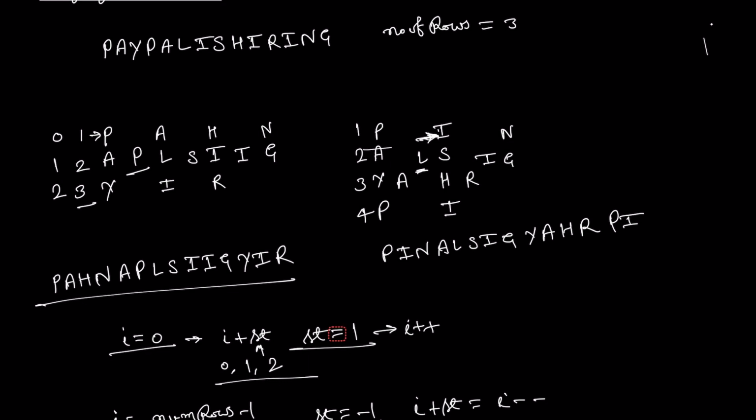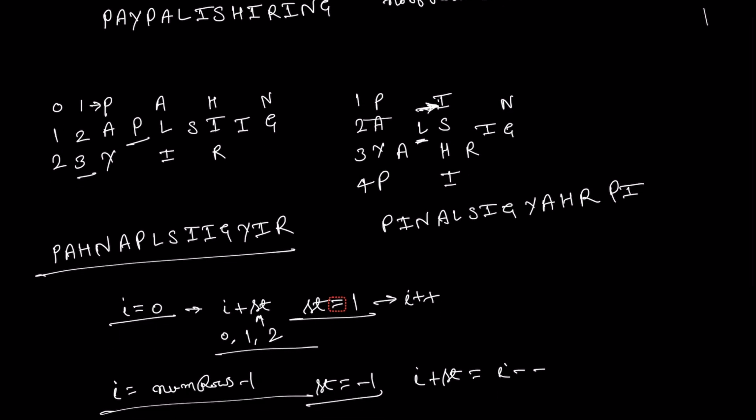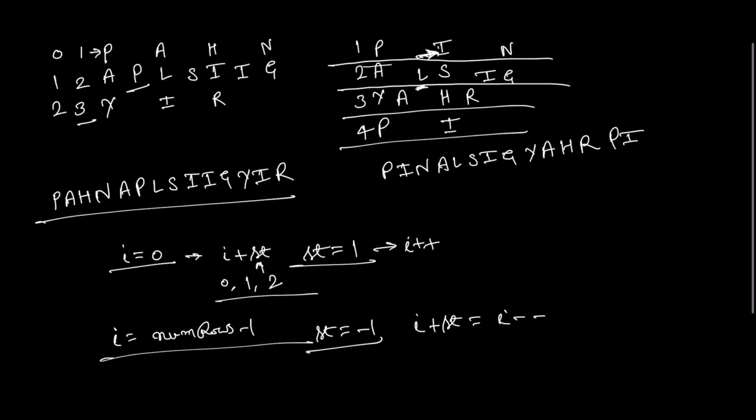So it will be added, and what I will do is, for each row I will make one list and add all the lists like this.